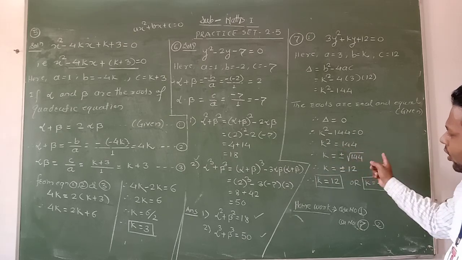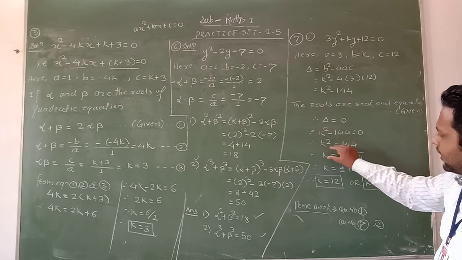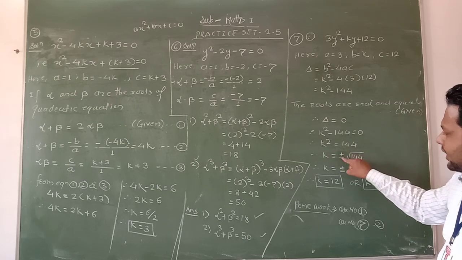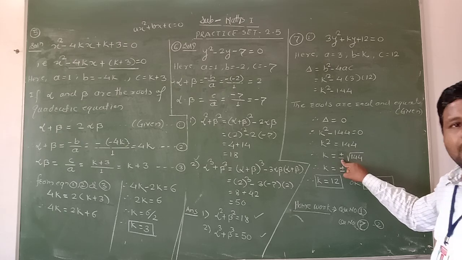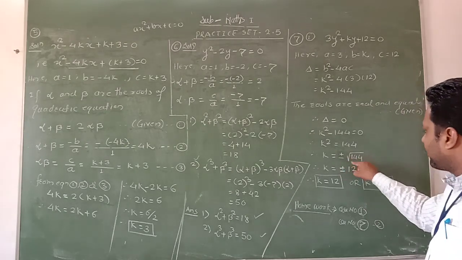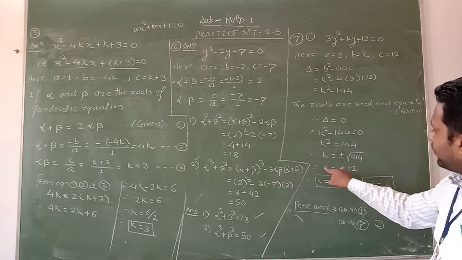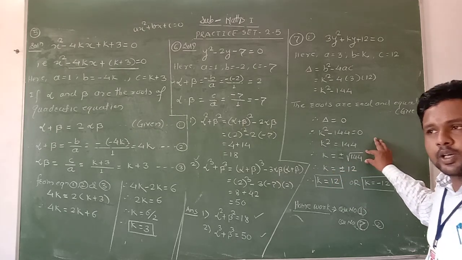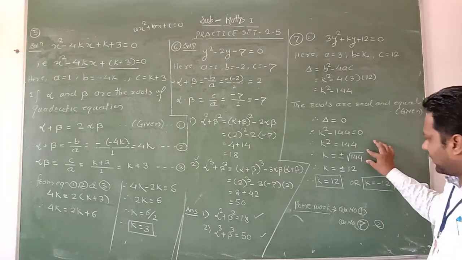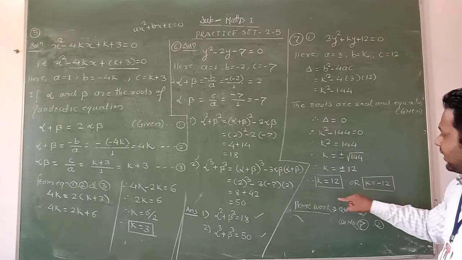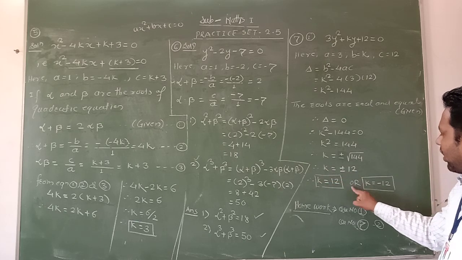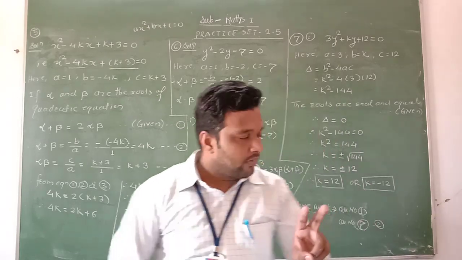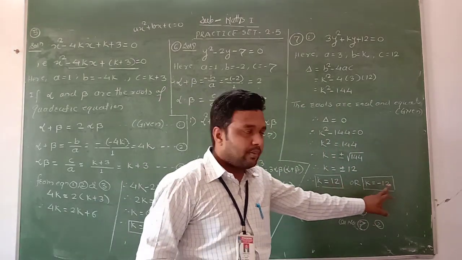Then taking square root on both sides, k is equal to plus or minus square root of 144, since while taking the square root we have to take plus and minus. 144 is a perfect square number and its square root is 12. Therefore k is equal to 12 or k is equal to minus 12. This means here we get two values of k, that is 12 and minus 12.